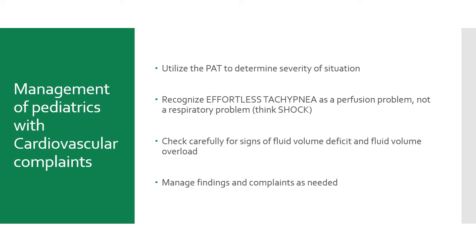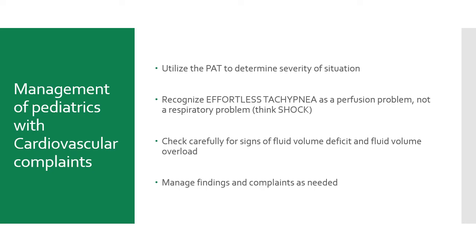So for management of pediatrics with cardiovascular complaints, again, we're going to utilize the pediatric assessment triangle to determine severity of the situation. So remember, that's appearance, which is the TICLS mnemonic: the muscle tone, the interactiveness, consolability, their look or gaze, and speech and cry. And then we want to look at their overall work of breathing. So do they have increased work of breathing, normal work of breathing, decreased work of breathing, or are they not breathing?